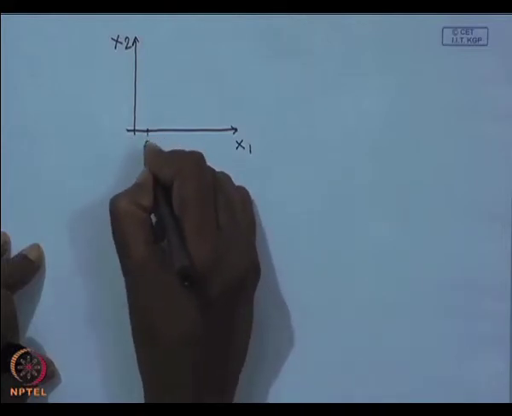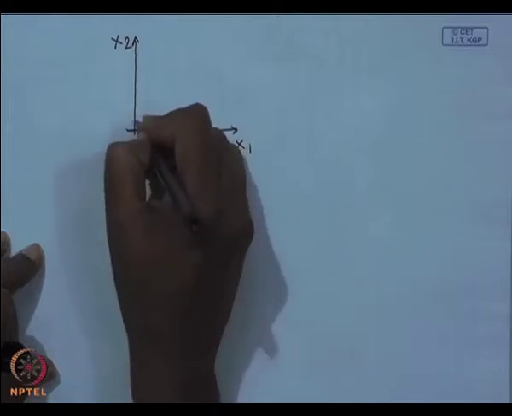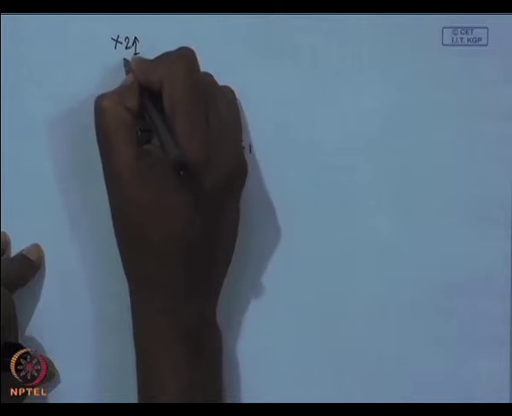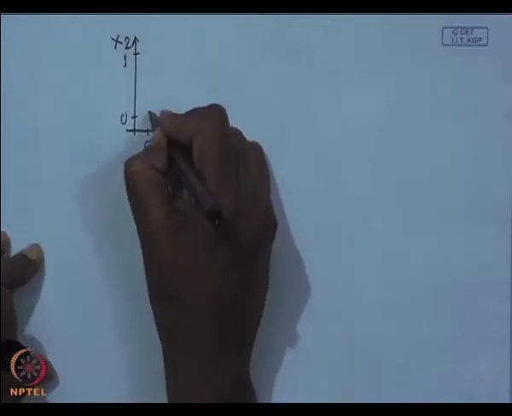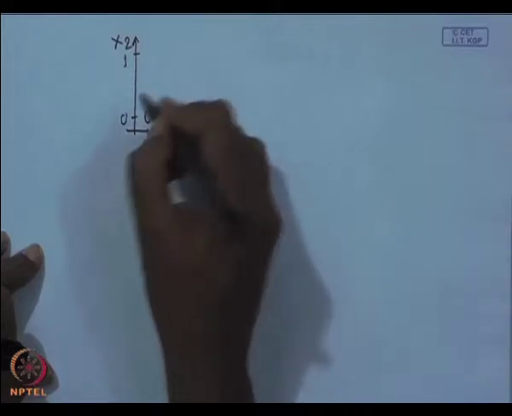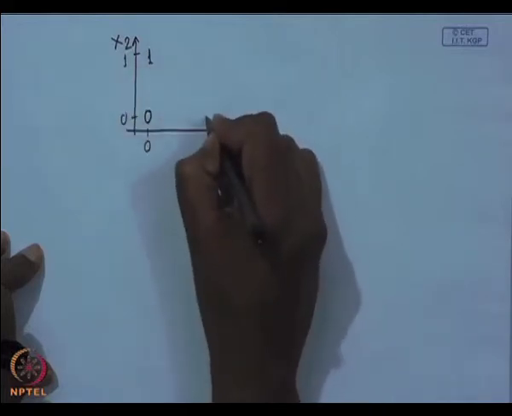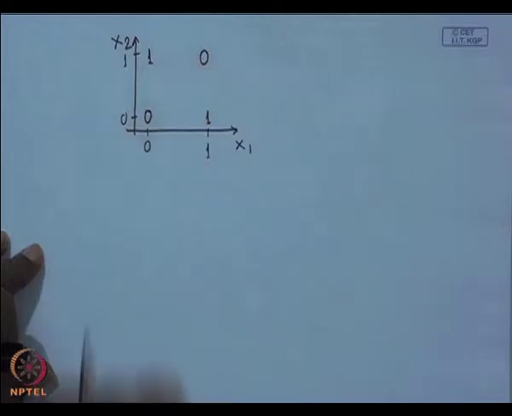Suppose this represents x 1 equal to 0, this is x 1 equal to 1, here I have x 2 equal to 0 and here x 2 equal to 1. The value of the XOR function for 0 0 is 0, for 0 1 the value is 1, for 1 0 the value is 1, and for 1 1 again the value is 0.